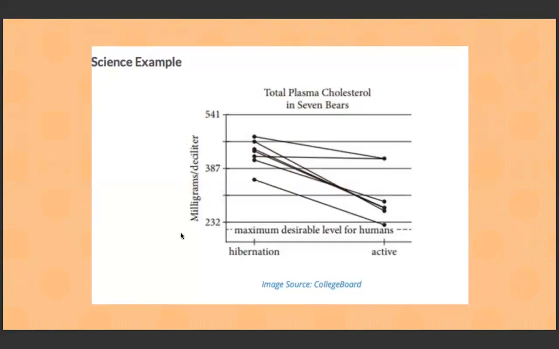And then you've got 2 things happening down here. You've got when the bears are in hibernation, and you have when the bears are active. And then you've got something else happening here, this maximum desirable level for humans. So pay attention to that.